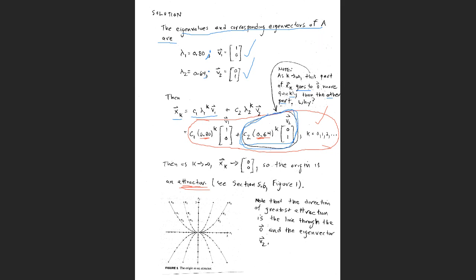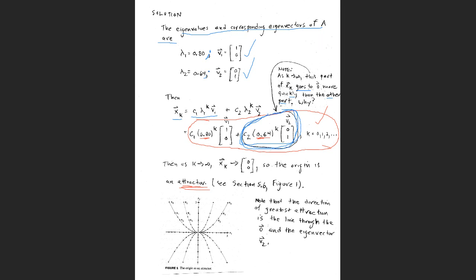That's right, Binyam. 0.64, that eigenvalue 0.64 is less than the eigenvalue 0.80. So this part of x sub k will evaporate, disappear more quickly.